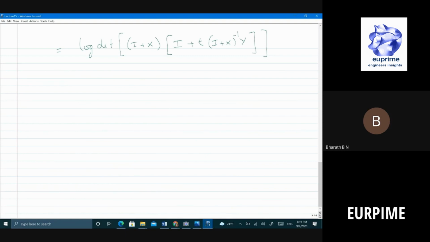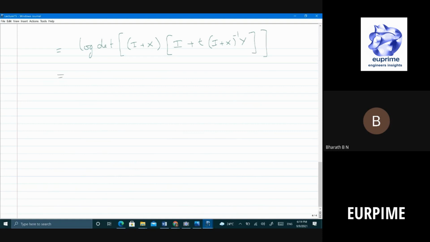See, I have log det of identity plus x times something. What is determinant of A times B? Determinant of a product of matrices is the product of determinants, right? Determinant of AB is determinant of A times determinant of B. So I can use that, but I have a log outside.